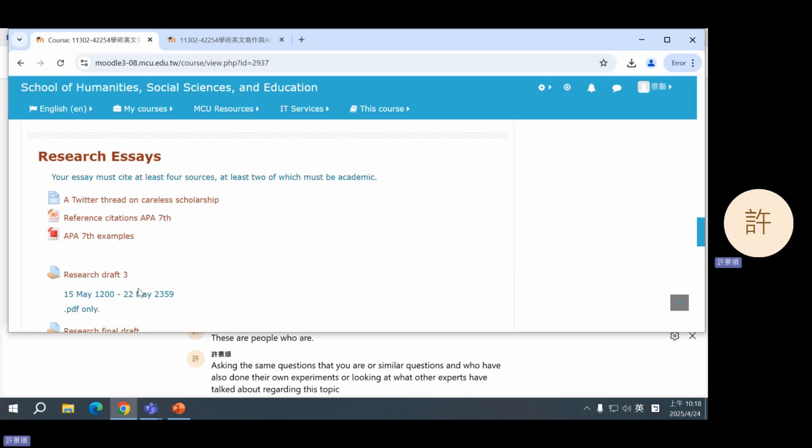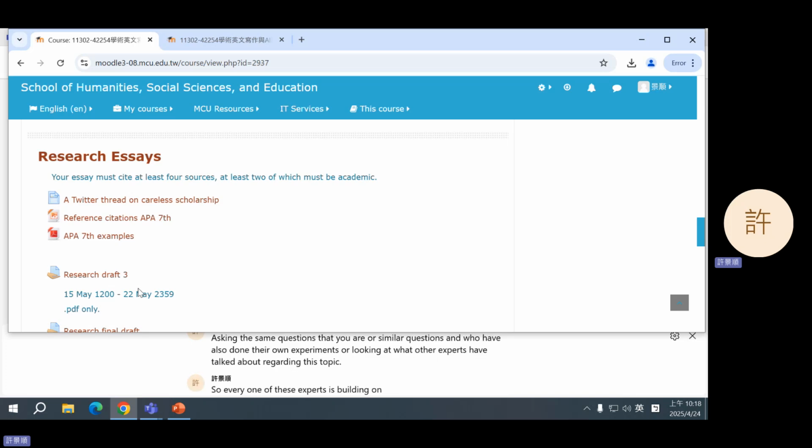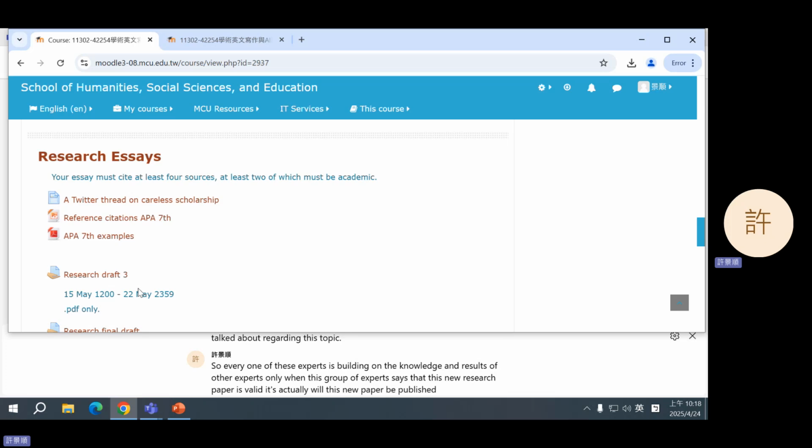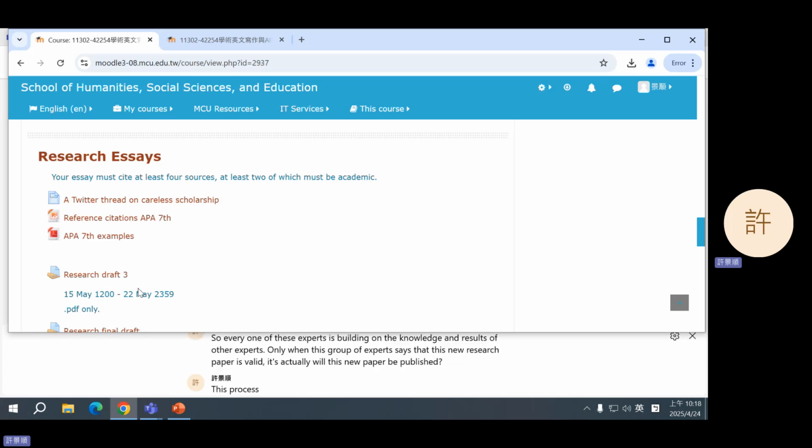So every one of these experts is building on the knowledge and results of other experts. Only when this group of experts says that this new research paper is valid, is accurate, will this new paper be published. This process is called peer review.